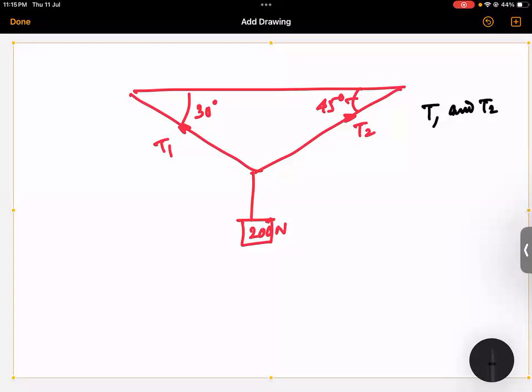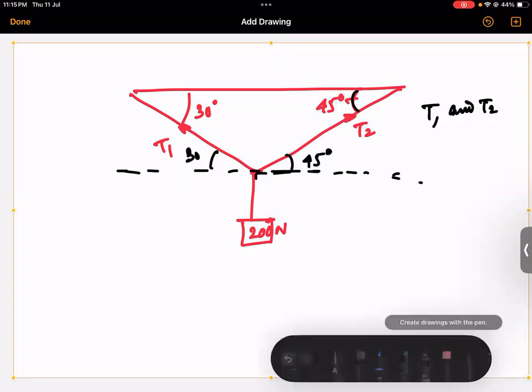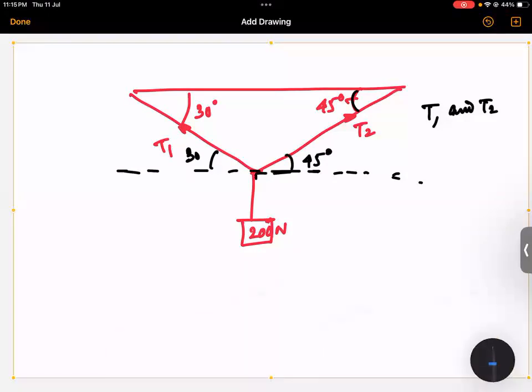So how to do this question? Just check, I am doing it for you now. This is a very, very important question. Say this is 30 degrees, so this will also be 30 degrees, alternate angle. This is 45 degrees, so this will also be 45 degrees, alternate angle. Now you resolve this into components.